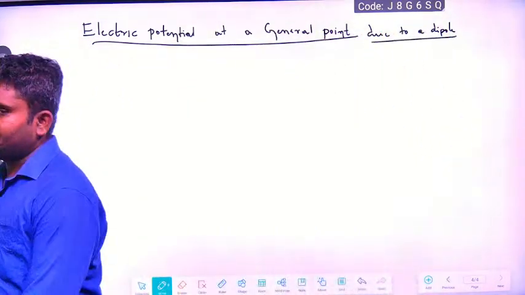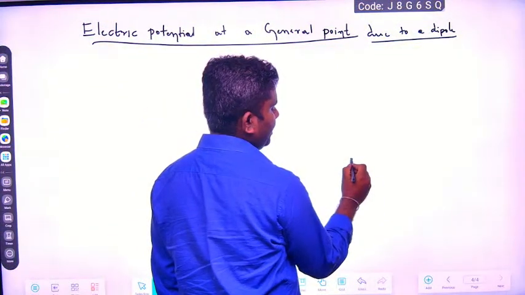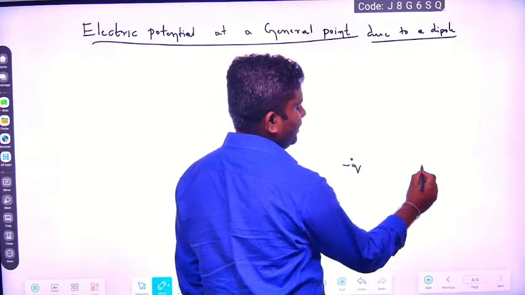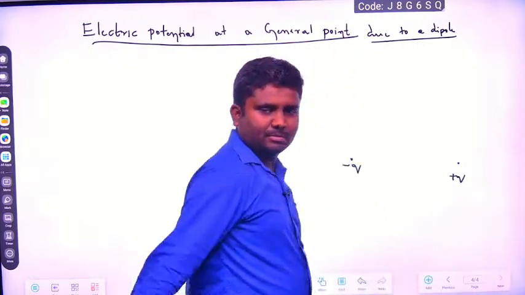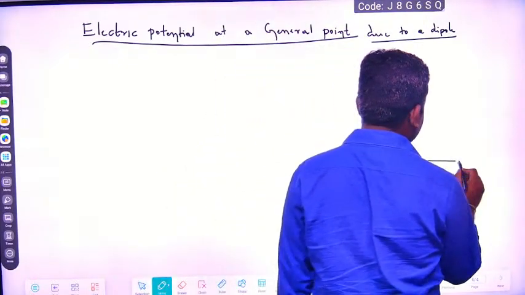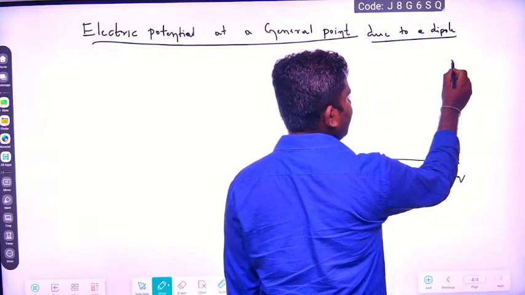Now you take a dipole. Here I will take the negative charge, and here I will take the positive charge. Now you know the distance between the charges is 2a. Now the point, I will take a general point here.